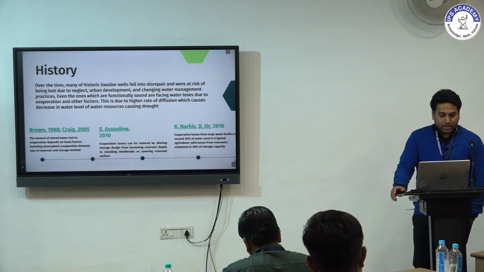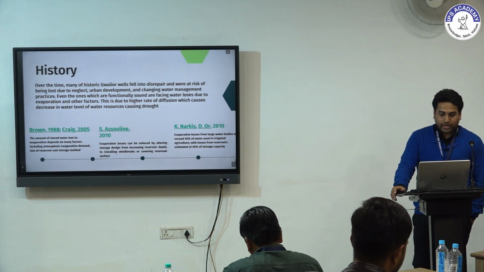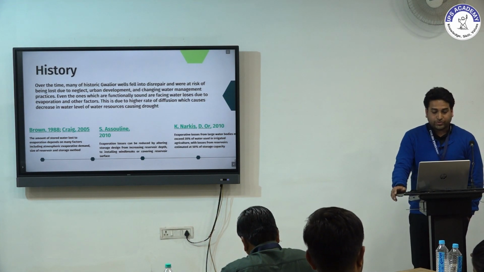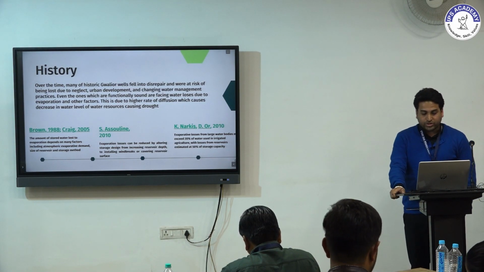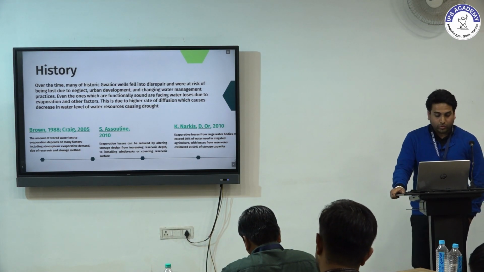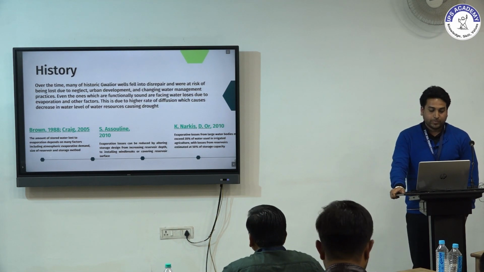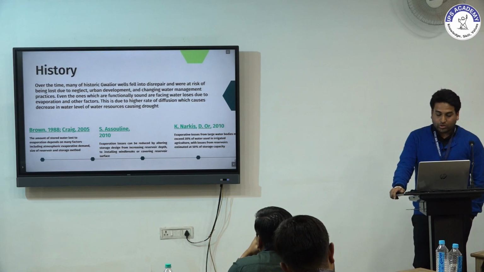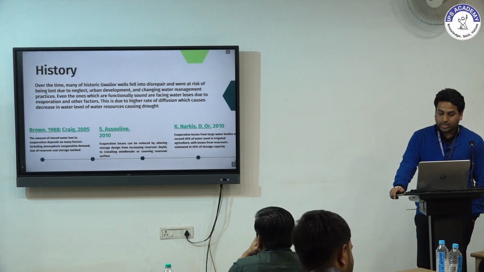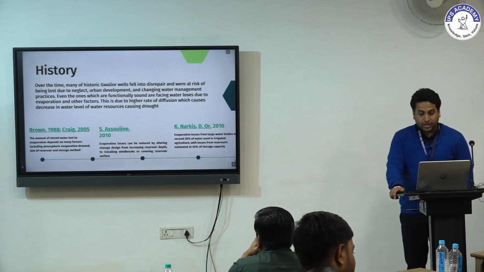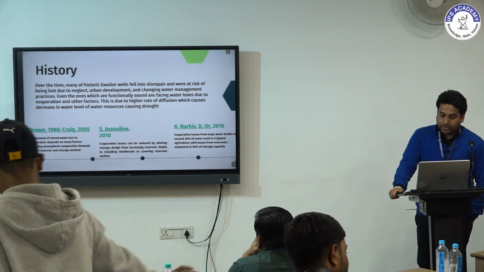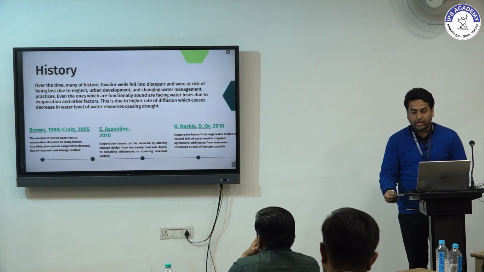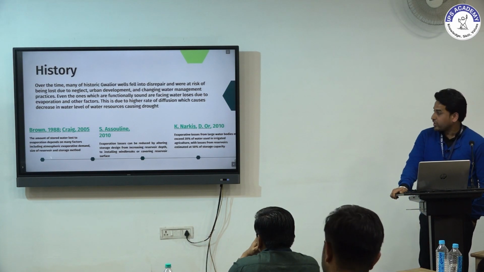One of the researchers, Brown and Craig in 1998 and 2005, said that the amount of stored water lost to evaporation depends on many factors, including atmospheric evaporation demands, size of reservoir and storage method. The second researcher, Azoline in 2010, says evaporation losses can be reduced by altering storage design, from increasing reservoir depth to installing windbreaks or covering reservoir surfaces.